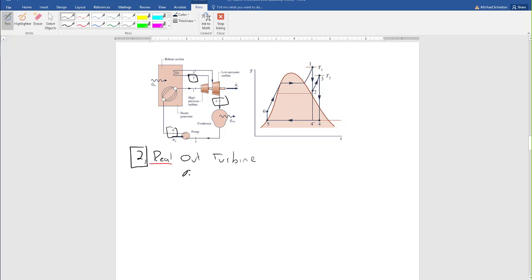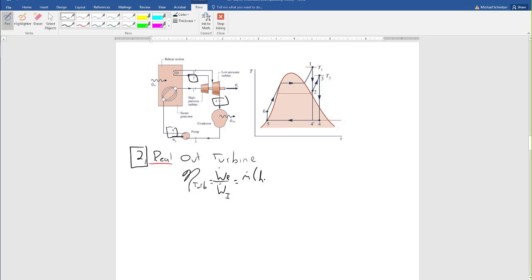So I'm going to think about my turbine efficiency, right? Turbine efficiency, you don't have to memorize this because it's on the equation sheet, but the ideal turbine produces more power than the real turbine. So the real turbine goes on top. We've already done the first law analysis of the turbine, so we know the turbine power is m dot times h in minus h out.